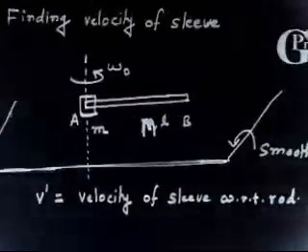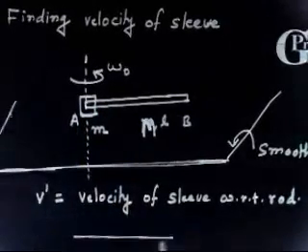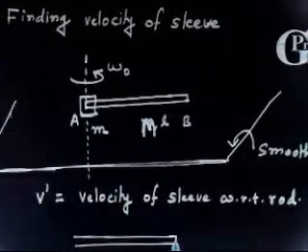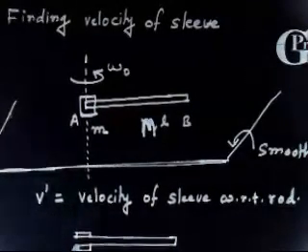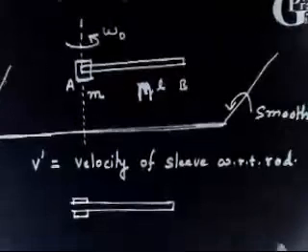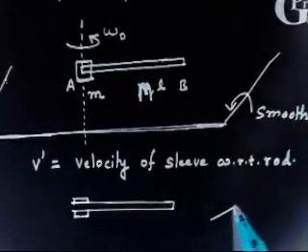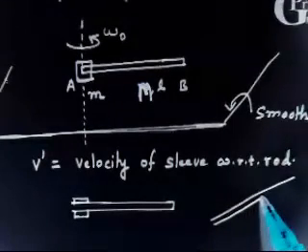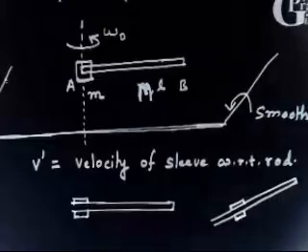Let us try to analyze what will happen. And this sleeve and rod are frictionless. Initially this sleeve is here, that is at A. After some time this rod is rotating, so this rod will be rotated by some angle theta, and this sleeve will go here.